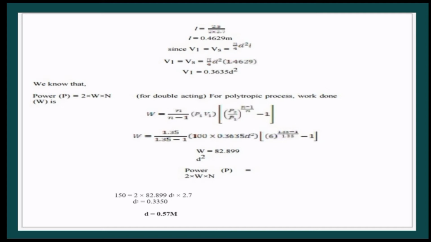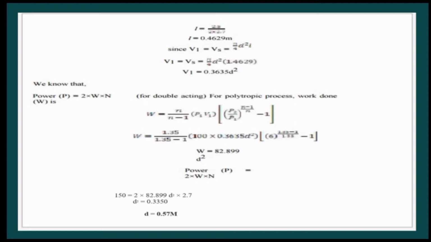Work W is equal to N over N minus 1 times P1 V1 times the parenthesis of P2 over P1 raised to N minus 1 over N, minus 1.